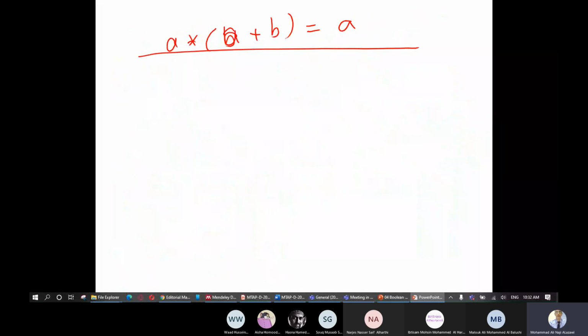Please pick up a piece of paper and try to solve it. I'll give you 2 or 3 minutes, then I'll be back with you to check what you've done.